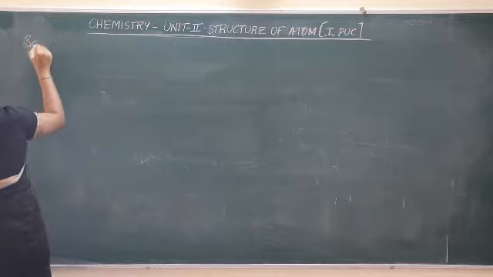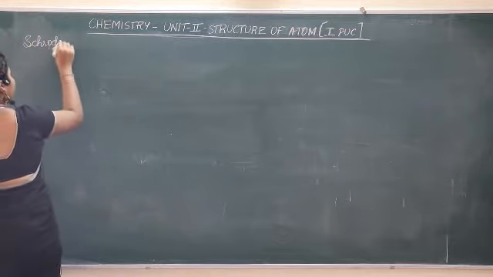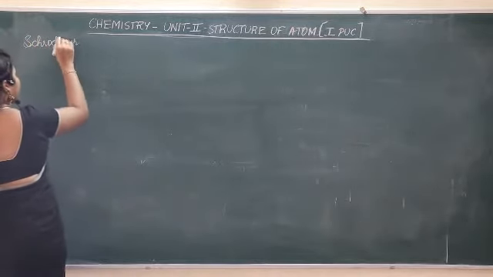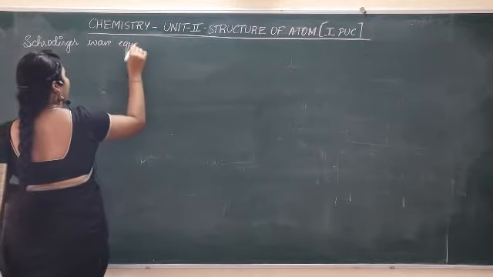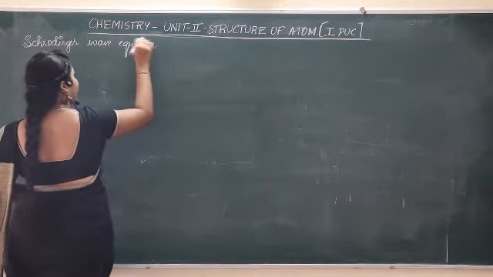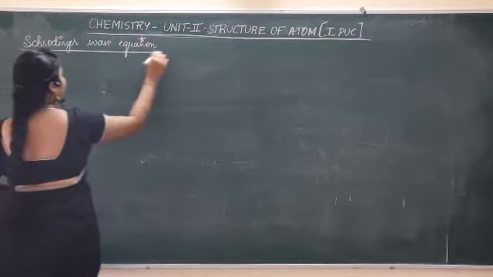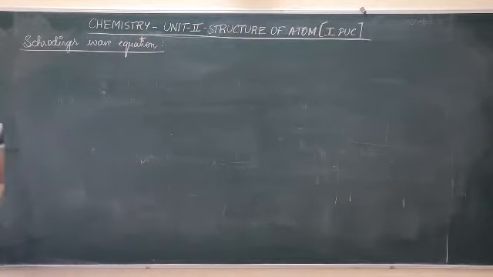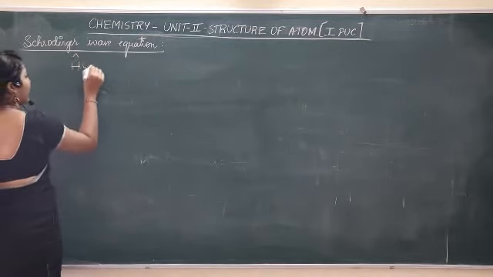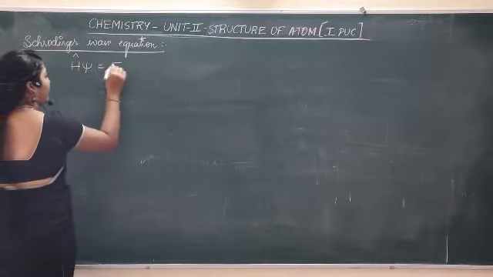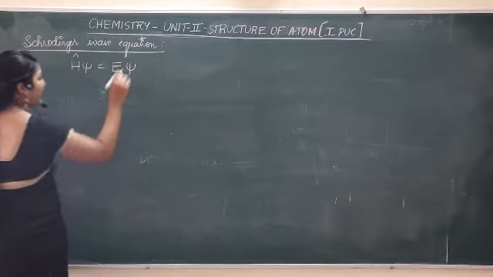For those systems whose energy does not change with time, Schrödinger gave an equation, the Schrödinger wave equation. He gave it as H cap psi is equal to E psi.